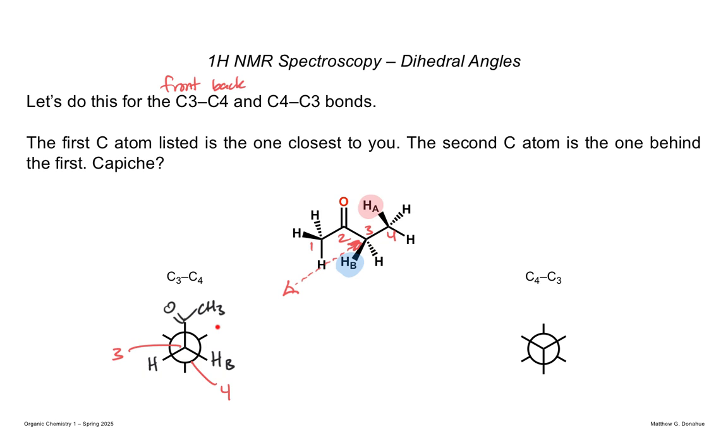So left, right, or bottom? It has to go right. So notice, because HA and HB are both wedges, they're coming out towards you. On the Newman projection, they have to remain on the same side. And then the other things are the same. They're both hydrogens, so H and H.